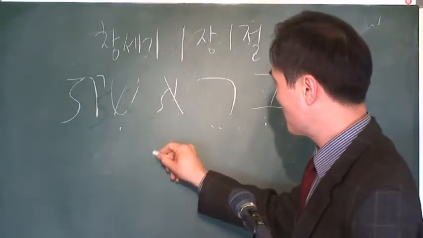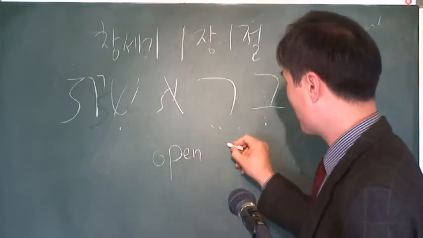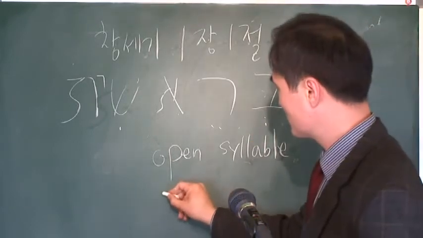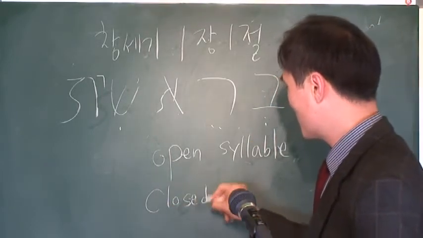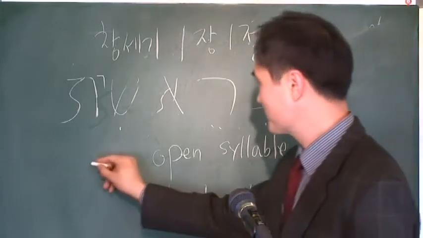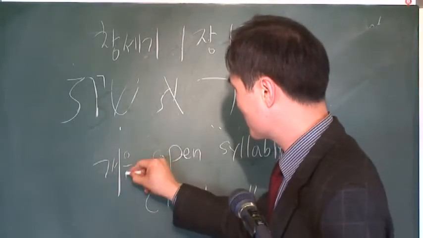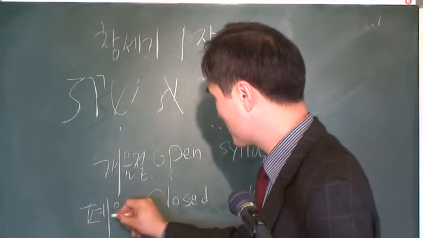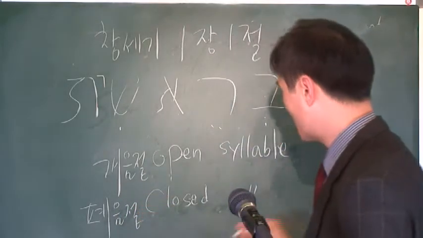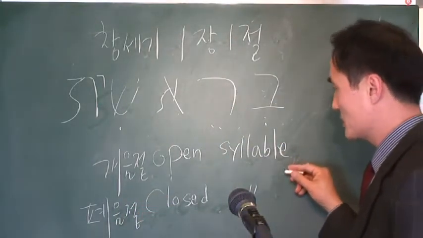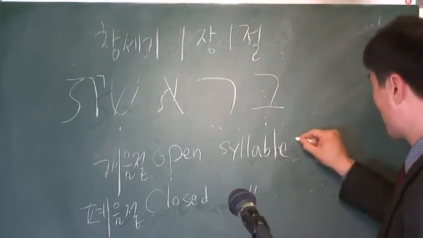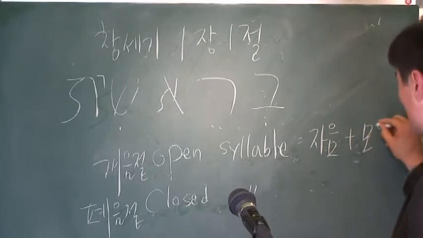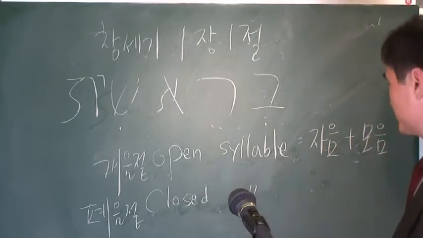We must remember that there are two kinds of syllables in Hebrew: one is the open syllable, and the other is a closed syllable. In the case of Hebrew, the open syllable is made up of a consonant and a vowel.